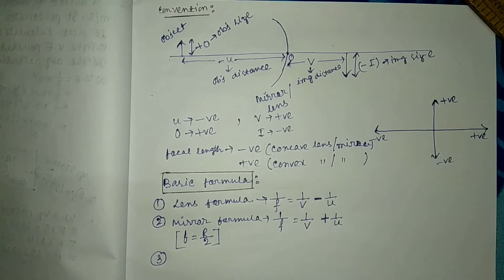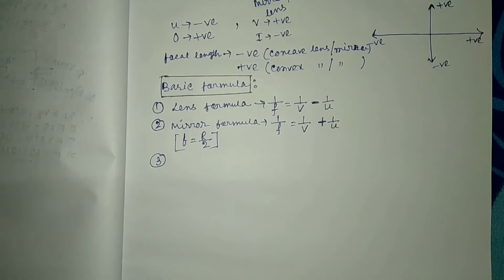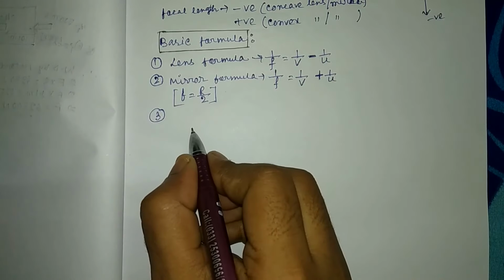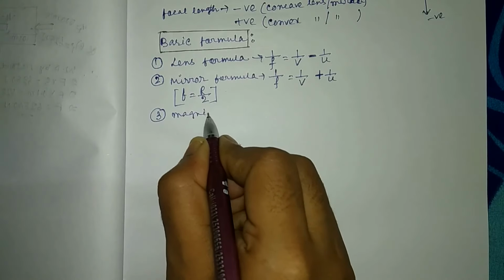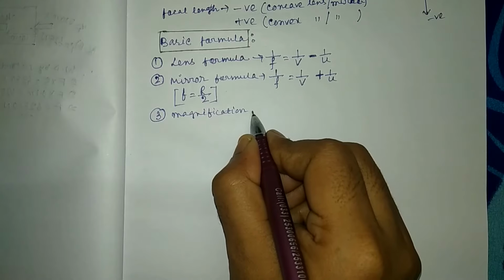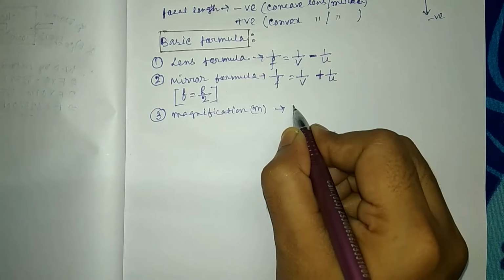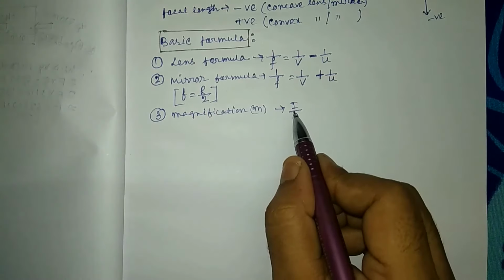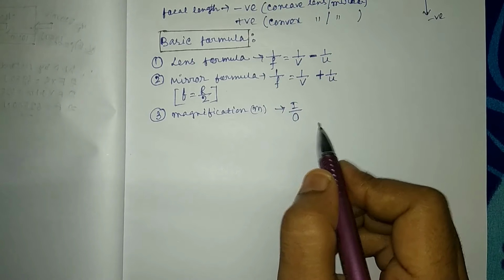Number 3, magnification m equals I by O, where I equals image size, O equals object size.